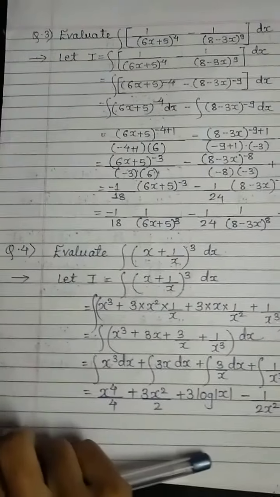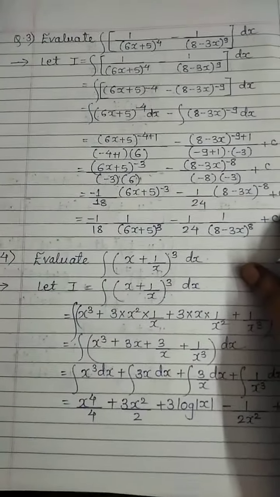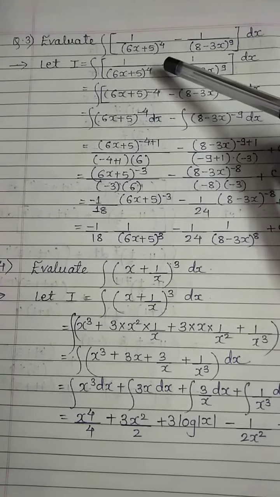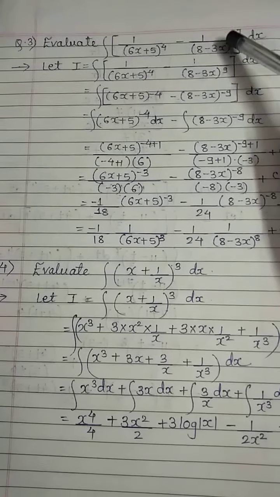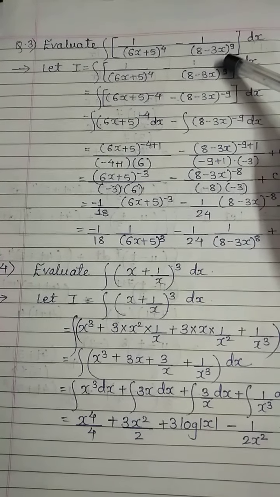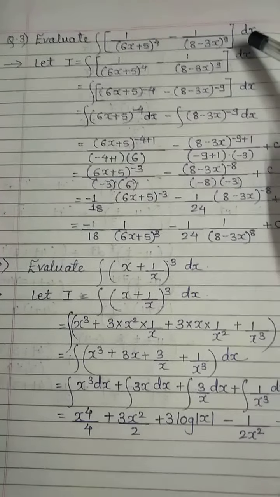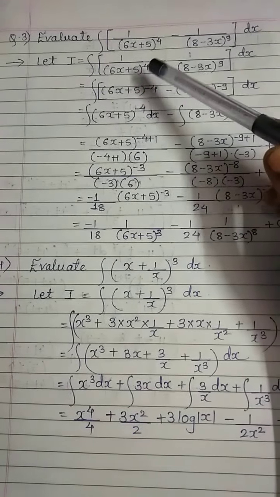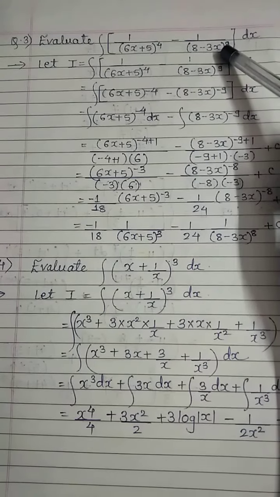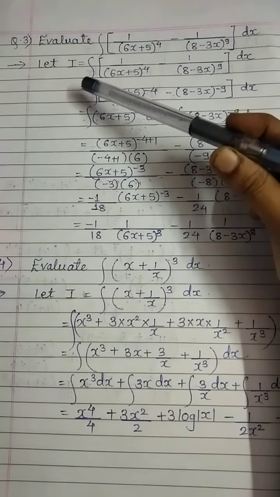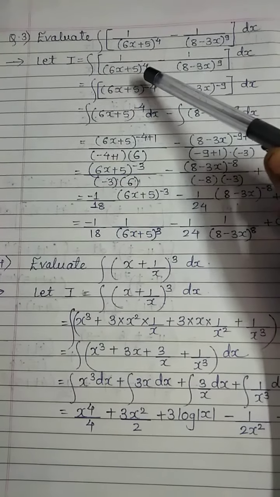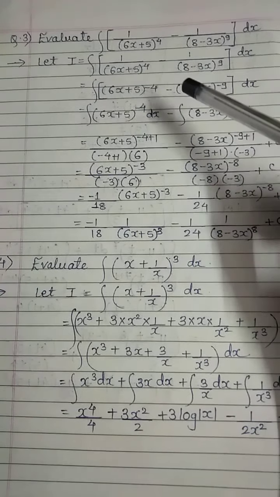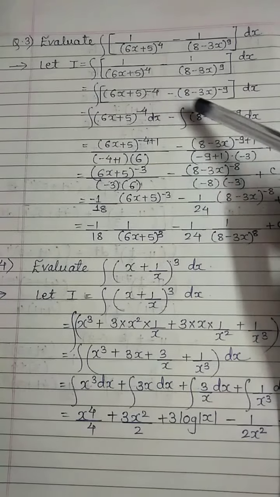Now question number 3. Evaluate the integration of 1 upon (6x + 5) bracket raised to 4 minus 1 upon (8 − 3x) bracket raised to 9 dx. Now here also, first we will consider the given term as I, and since two terms are given to integrate, we will write separate integrations for both the terms.